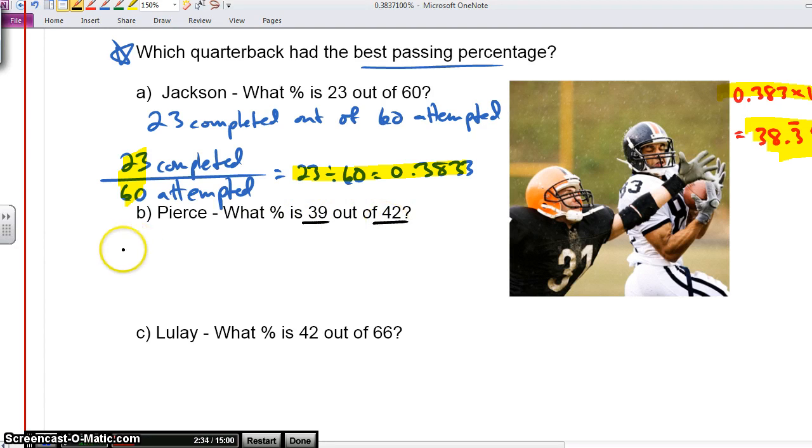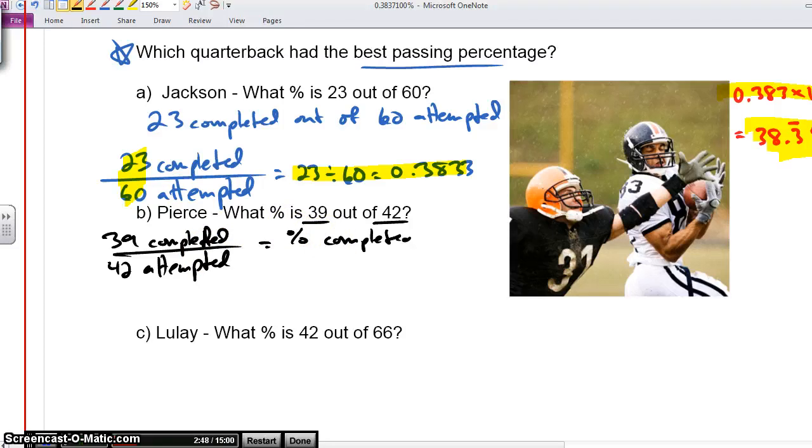39 out of 42. Now if we make 39 completed out of 42 attempted, we want to express that as his percent completed out of 100% attempted.